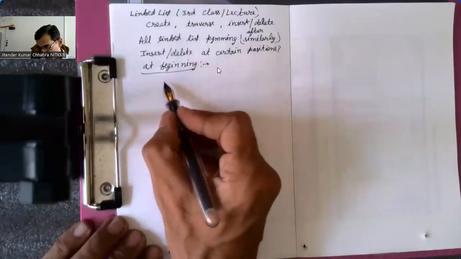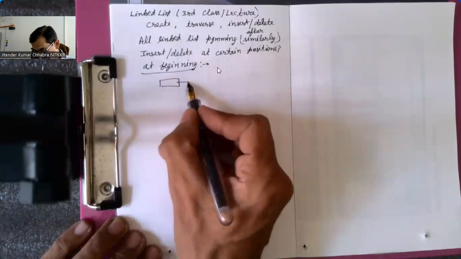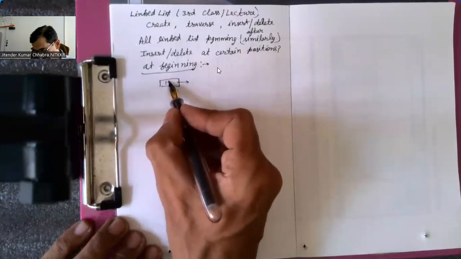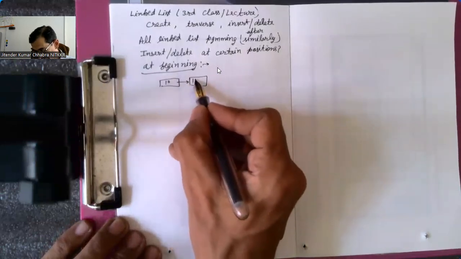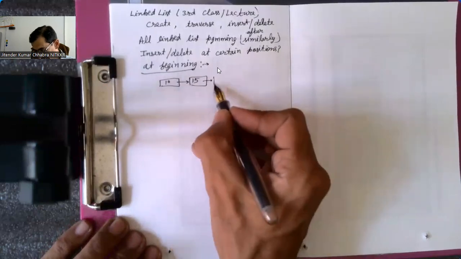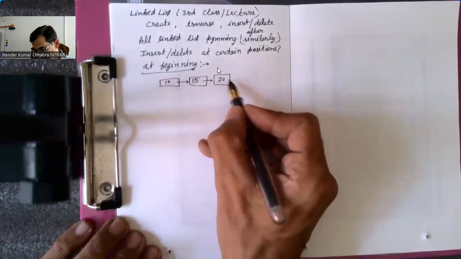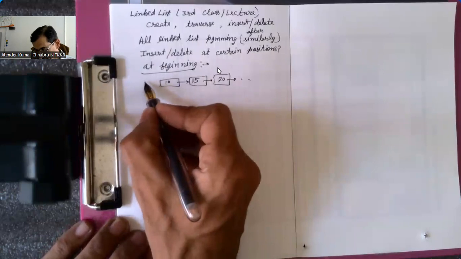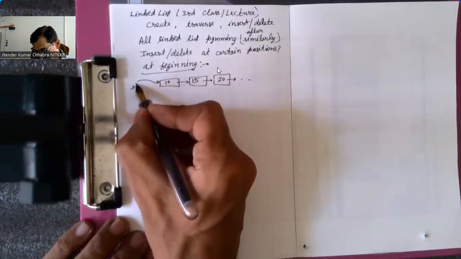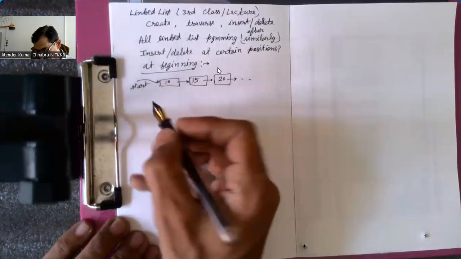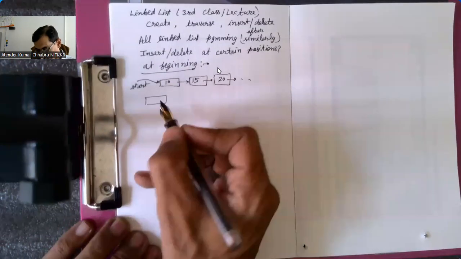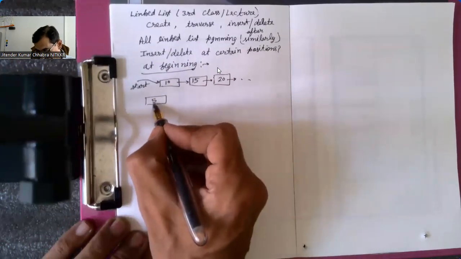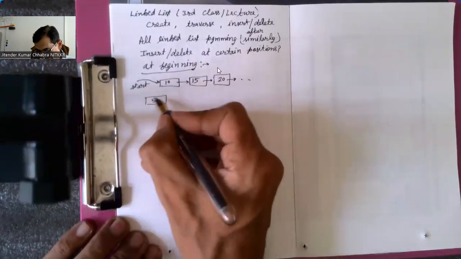For example, say my linked list has 10, then 15, then 20, and so on, and this is the start. I'm interested in inserting at the beginning. Let's say I want the value 5 to be at the beginning.